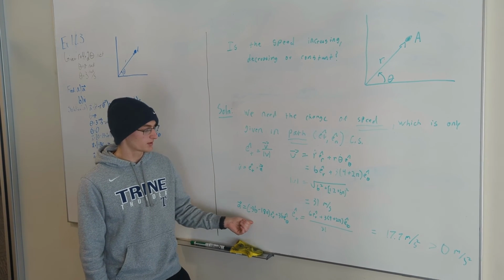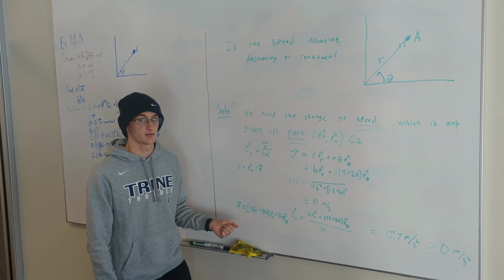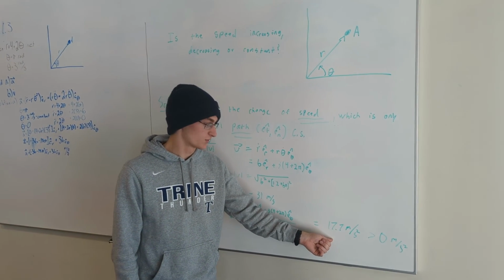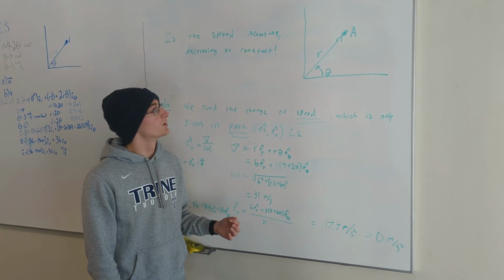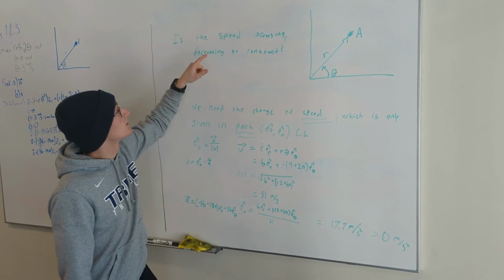All the simplification steps have been omitted for the sake of space and clarity. We end up getting 17.7 meters per second squared. Notice that 17.7 is greater than 0, so that means that the speed of P is in fact increasing.